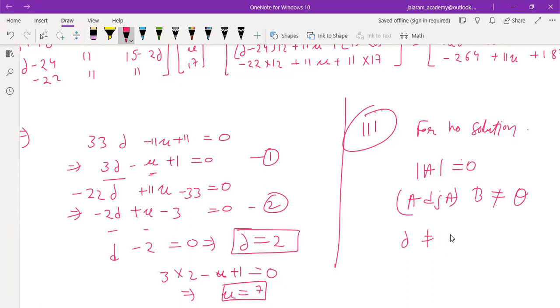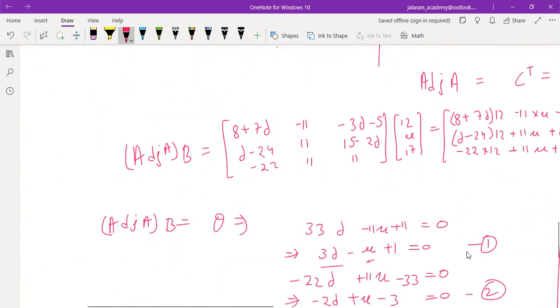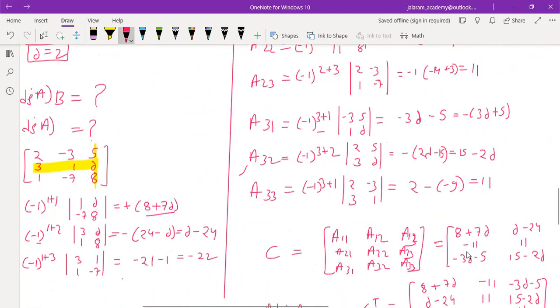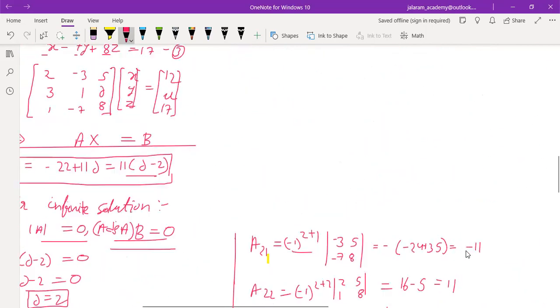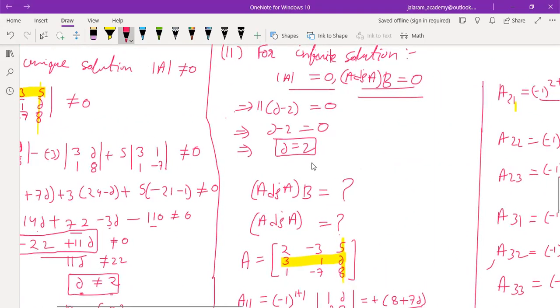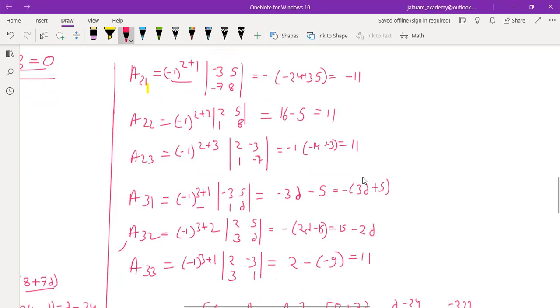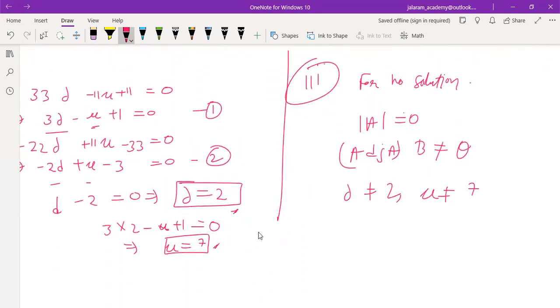So it is giving delta not equal to 2, mu not equal to 7. And what we are getting from the determinant of A when we put it equal to 0, as determinant of A was delta equals 2, we are getting delta equal to 2 again. Okay, so this is correct.